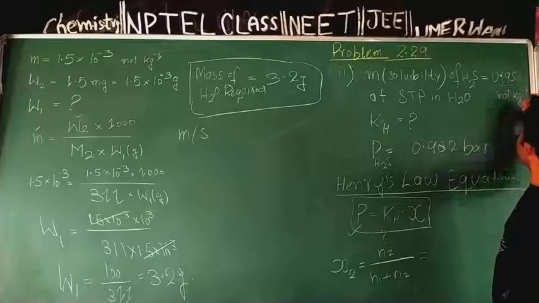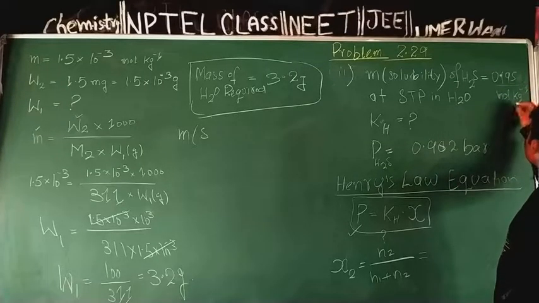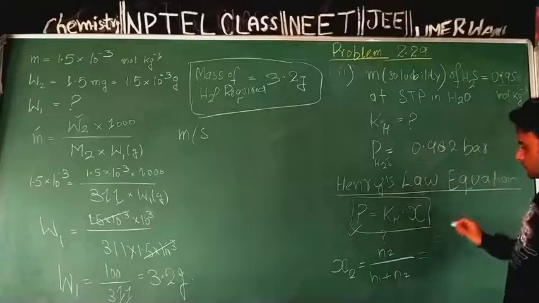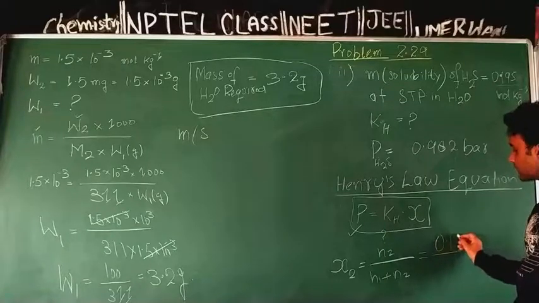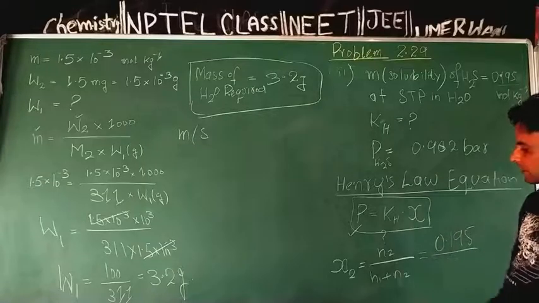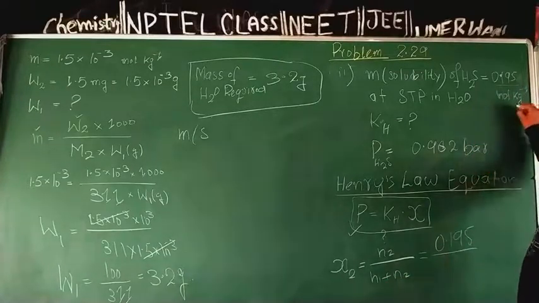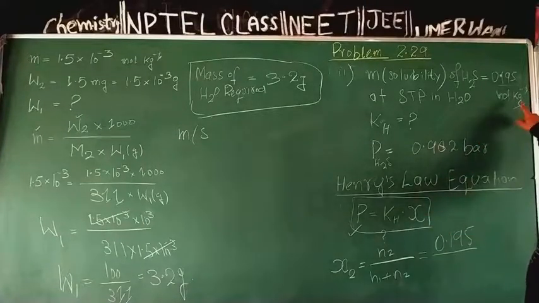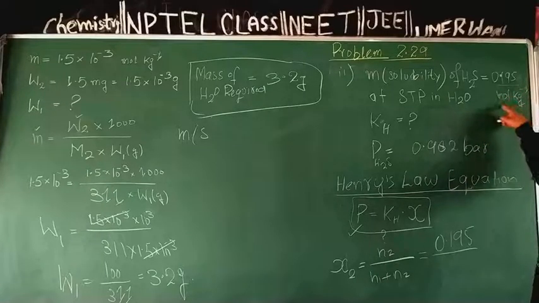How many moles of hydrogen sulfide are dissolved in 1 kg of water? 0.195. So moles of hydrogen sulfide are equal to 0.195. Now what is the number of moles of water? The number of moles of water I also can determine from the definition of molality.